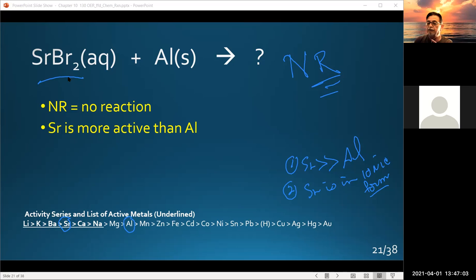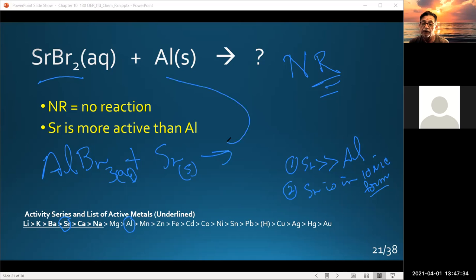But what does this mean for the opposite reaction? Because if it's written in this manner, then the opposite reaction would work. The opposite meaning this: if I had aluminum bromide plus strontium in elemental form as a solid, and this would be aqueous, yes, you would get the reaction.